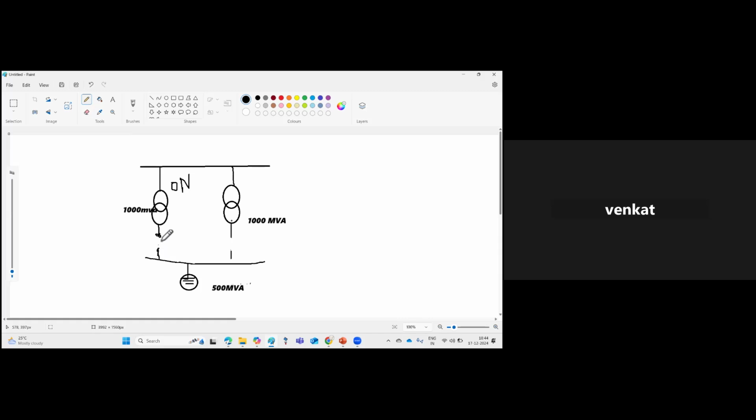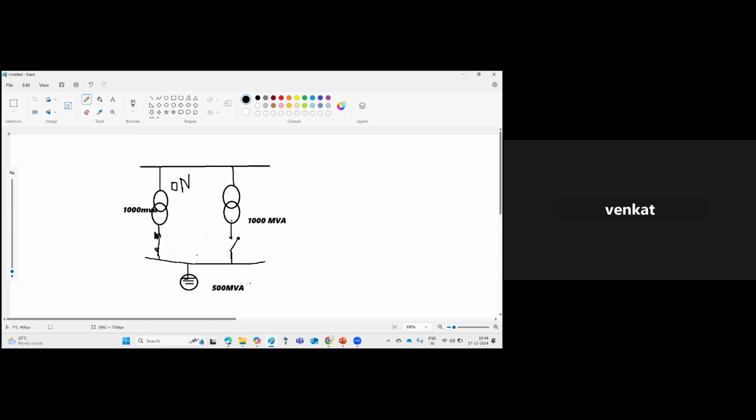Both are not connected simultaneously. When there is an increase in the load, at that time we can connect the other transformer for equal load sharing. But now 1000 MVA is enough for me to handle this 500 MVA. So one transformer is in operation.